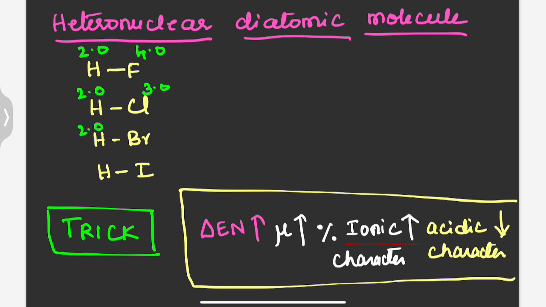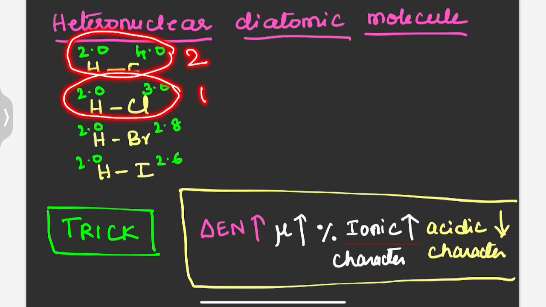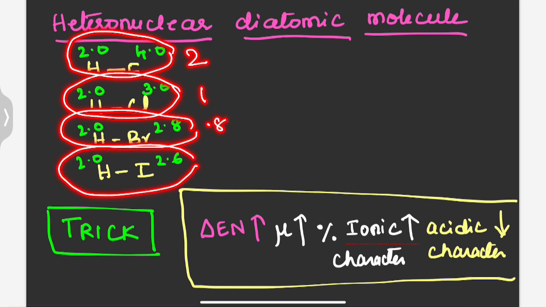Hydrogen 2.0 and bromine 2.8. And for hydrogen 2.0 and iodine it is 2.6. So where is the electronegativity difference more? See here, 4 minus 2 is 2. So the difference is 2. 3 minus 2 is 1. The difference is 1. And here 2.8 minus 2 is 0.8. And here 2.6 minus 2 is 0.6.